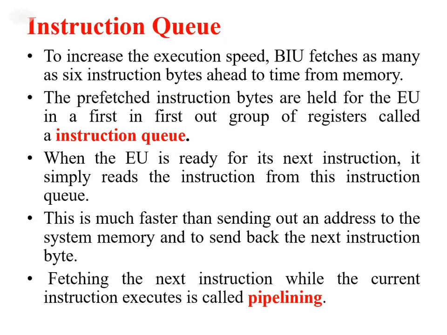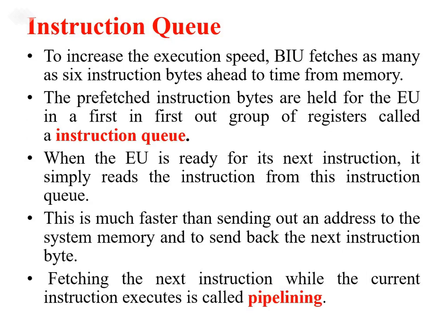Instruction queue. Why is this instruction queue used? It is used to increase the execution speed. The BIU fetches as many as 6 instruction bytes ahead of time from memory. The prefetched instruction bytes are held for the execution unit in a first in first out group, that is FIFO manner, that is a queue.